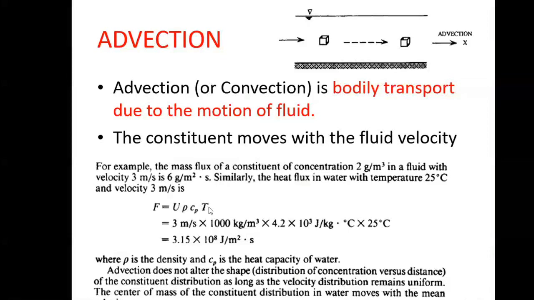Got it? So first you find the concentration of the heat, C, from the temperature, from the heat capacity, from the density, and then multiply it with the velocity in the normal way as we do to calculate the flux. Flux is U into C. So that is how you can find that if a water body is moving with 3 meter per second speed and temperature of that body is 25 degrees centigrade, it is transferring 0.3 billion joules per meter square per second.